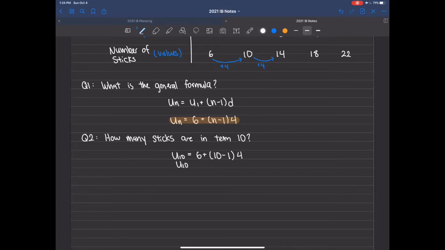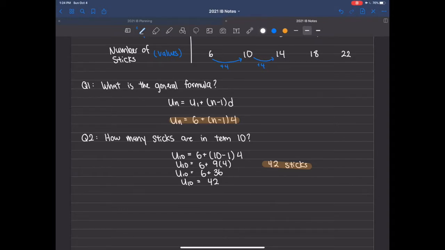And then our variable is already all by itself on the left side, so we'll evaluate everything on the right side. So 6 plus 9 times 4. We're going to multiply those two numbers together at the end, so 9 times 4 is 36, so we have 6 plus 36. And so our formula tells us that the 10th term, if you wanted to build the 10th term out of sticks, you would need a total of 42 sticks.